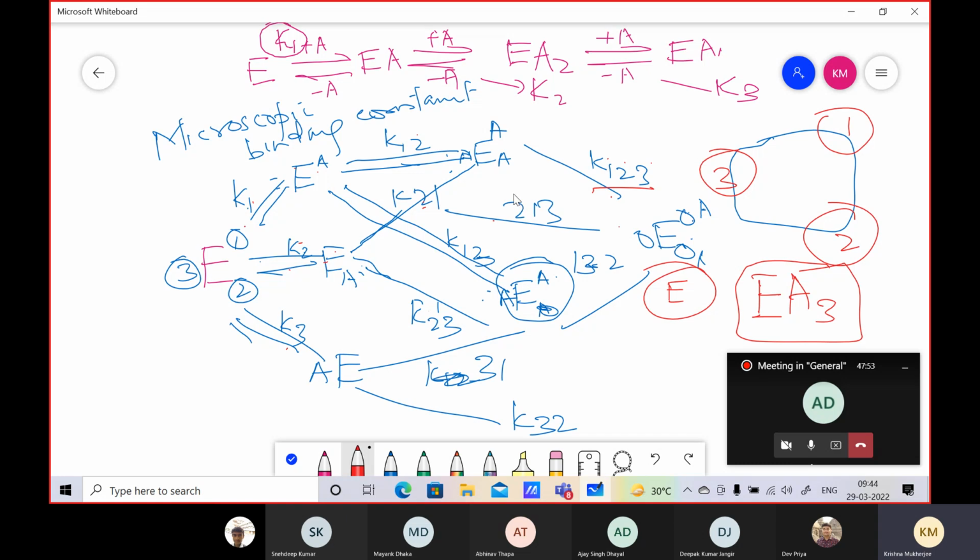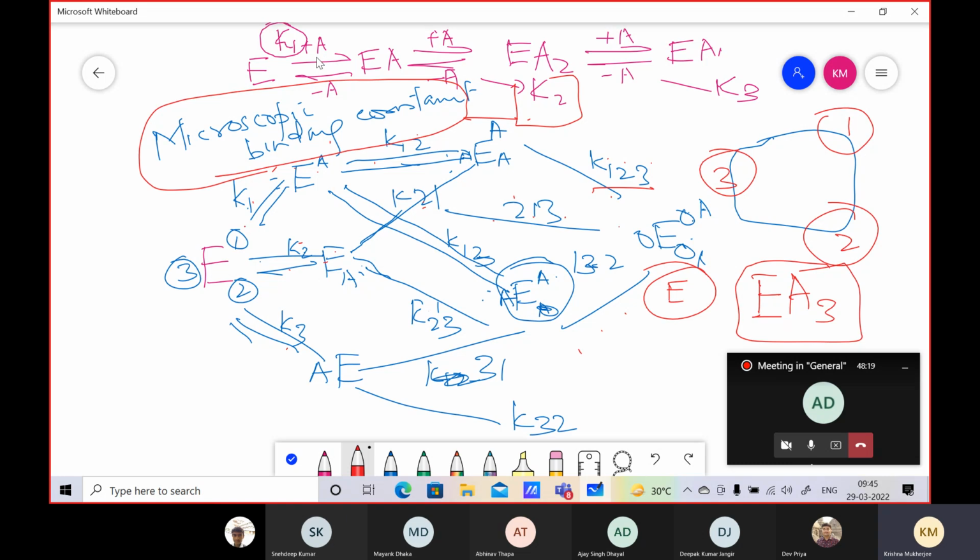This one is where the second one bound first, then the first one bound, and then the third one bound. And the third one is 3-2-1, where the third bound, then the second, and then the first. So these are the microscopic binding constants, and they can now be used to derive the macroscopic binding parameters that we are talking about. Is this argument clear pictorially? Yes, sir.